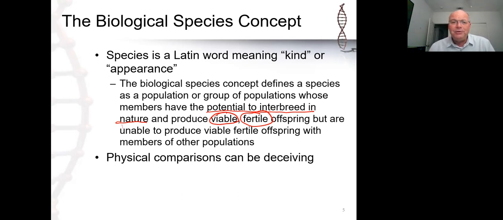So once we get that definition out of the way, you may already begin to see that there are issues with that definition, because it requires, number one, that the individuals be sexually reproducing. Asexual reproduction is not covered by this definition at all. It does imply also that the opportunity to mate must present itself within nature.